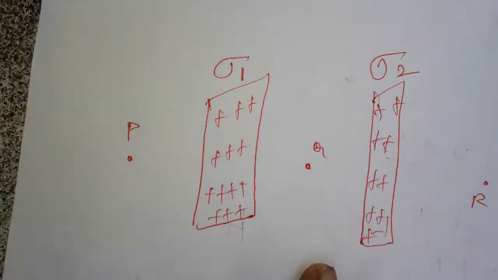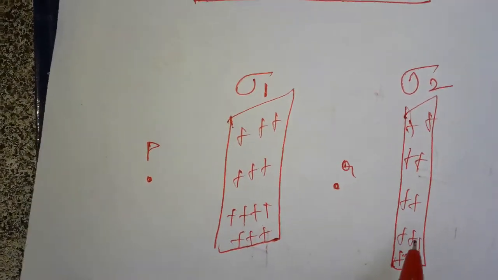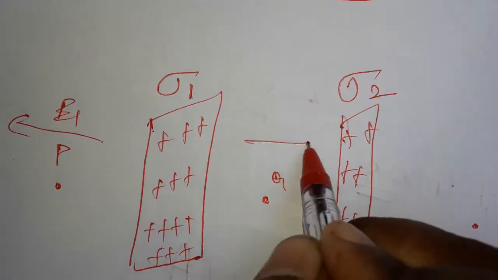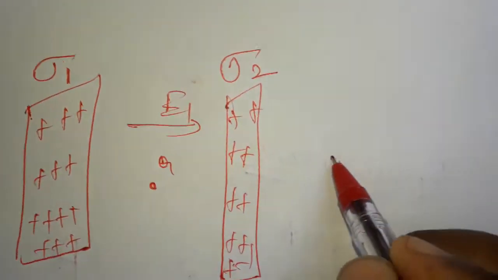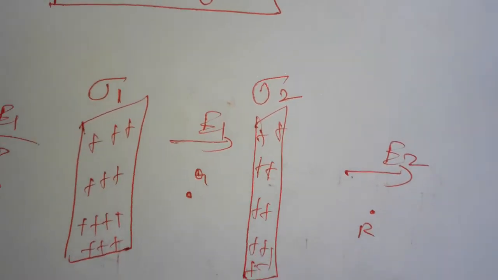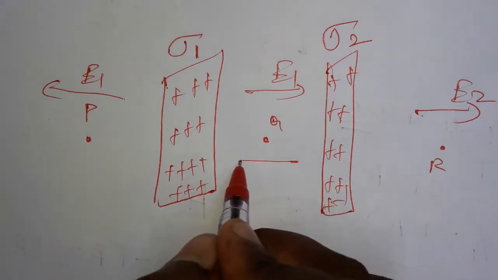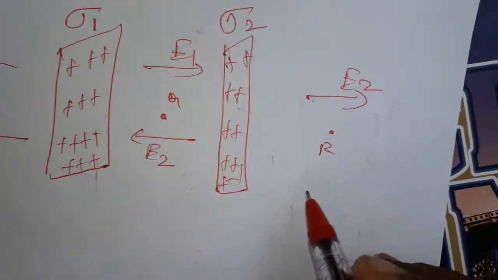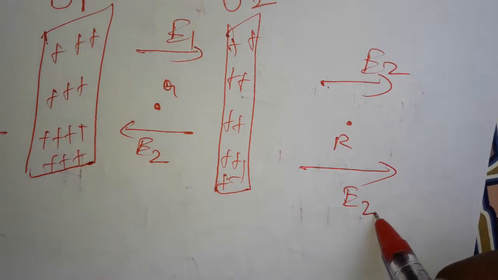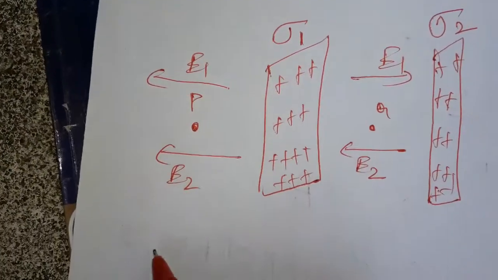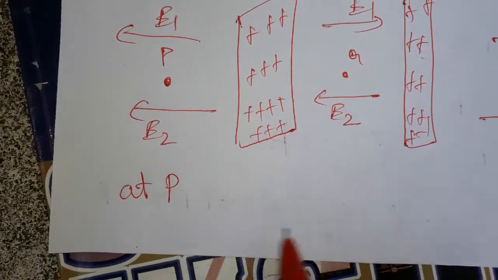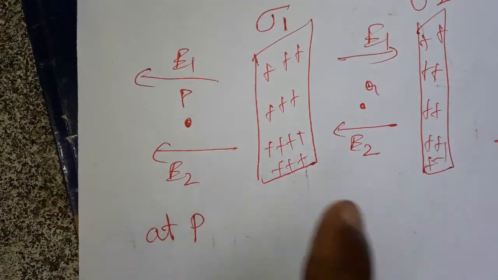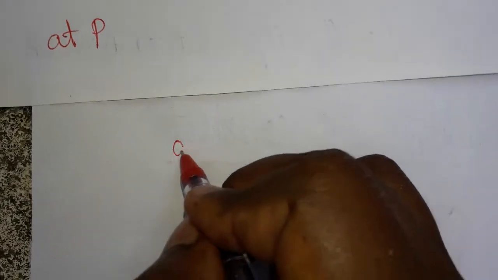From plate 1, which is plus, the electric field E1 is produced outwards. From plate 2, E2 is also produced outwards. First we'll see the point P. The net electric field at the point P is E1 plus E2, because both are in the same direction.